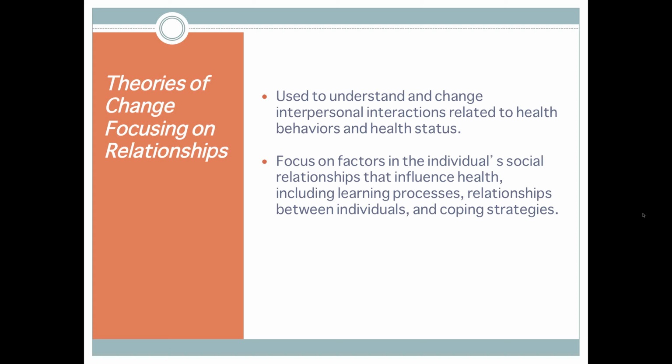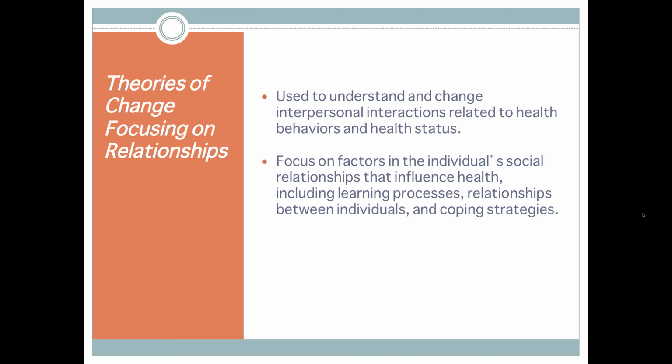So what you should do when you're interested in a particular health behavior, whether it's immunization status or tobacco use or dietary change, you should do a review of the literature that shows you which models have been used for that particular health behavior change and what has been most effective in a research situation. So I don't want to make a general statement that one model is better than another.